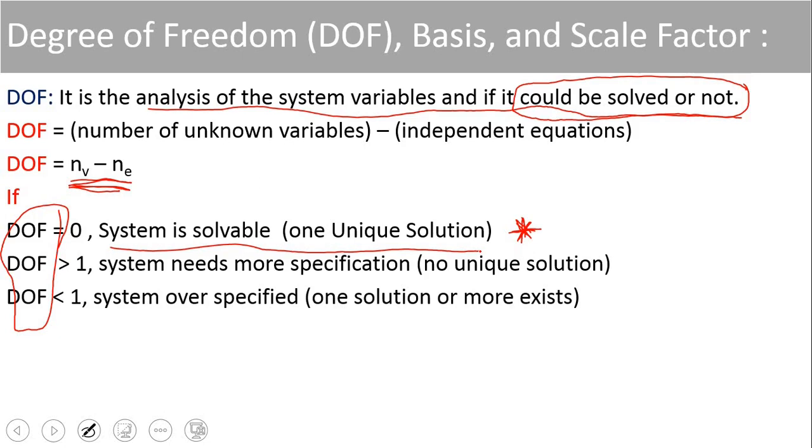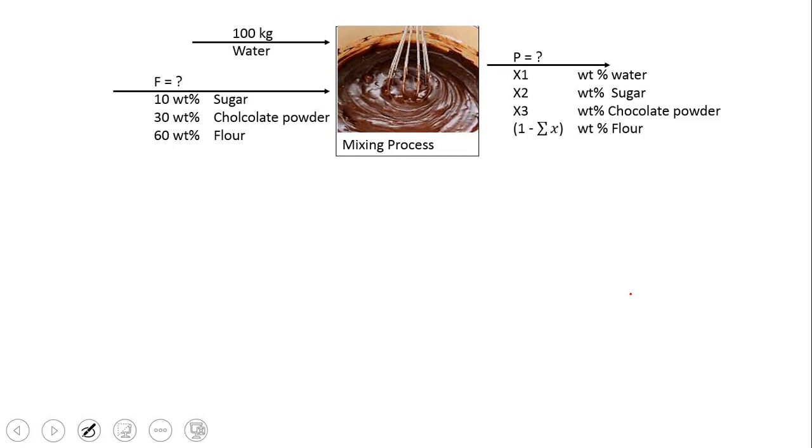If it is bigger than 0, the system is not ideal and you have to get more specifications to solve it. If it is less than 0, the system is solvable, but you have to be careful that there is no contradiction with your values. But it's always better to have the degree of freedom equal to 0, to solve the system without any other possible solutions.